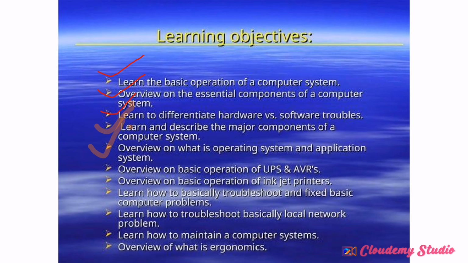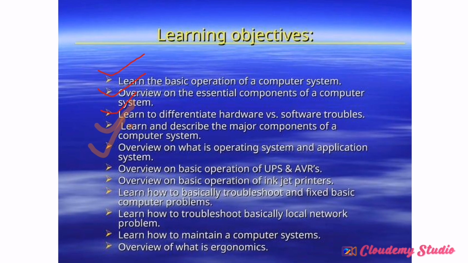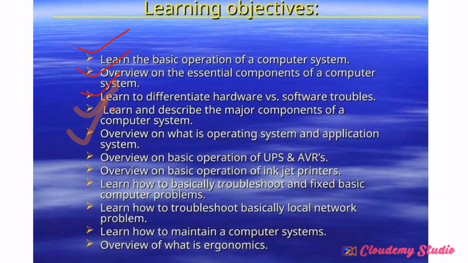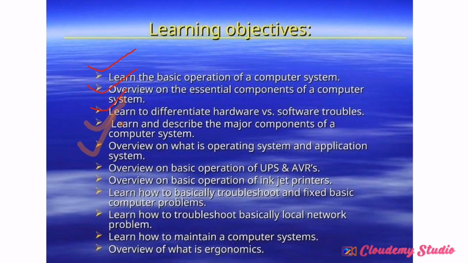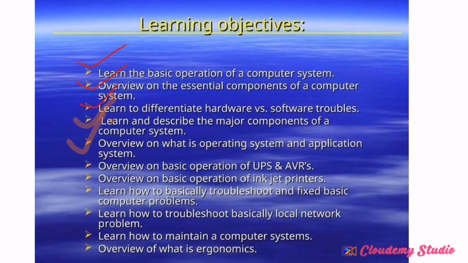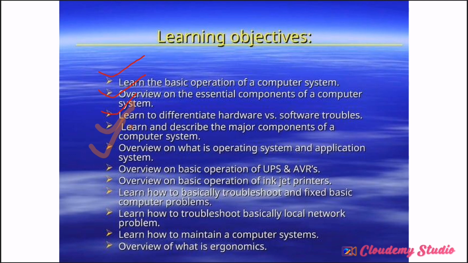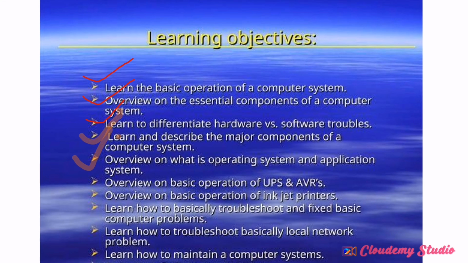Then the last one, let me try to zoom the screen. Sorry, I can't see properly. The last one says, learn how to maintain the computer systems, or that is the second last.